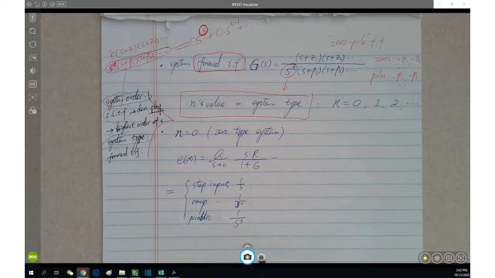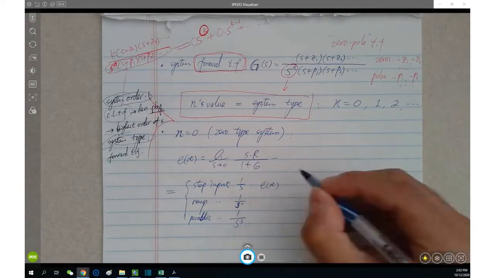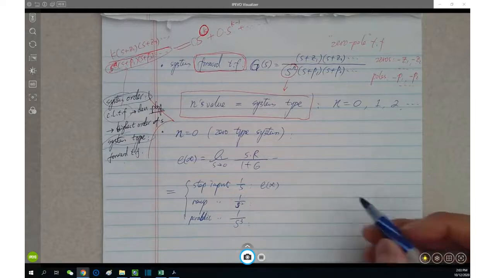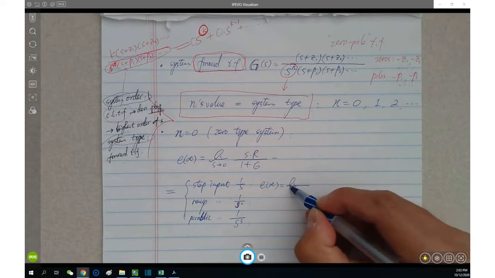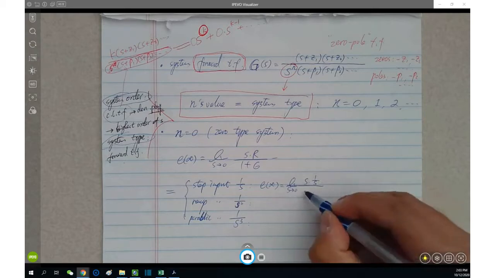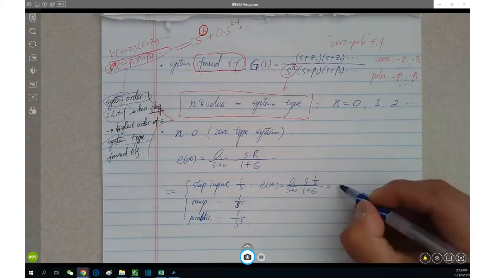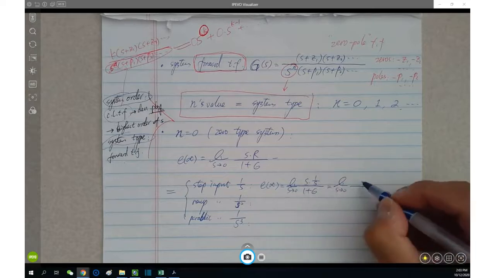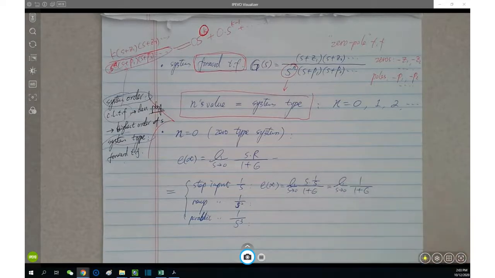Let's study three different unit inputs. What is the steady state error? So here it equals the limit as s approaches 0 of s times 1 over s, and then over 1 plus g, which equals the limit as s approaches 0 of 1 over 1 plus g. From here, we can have some conclusion, right?